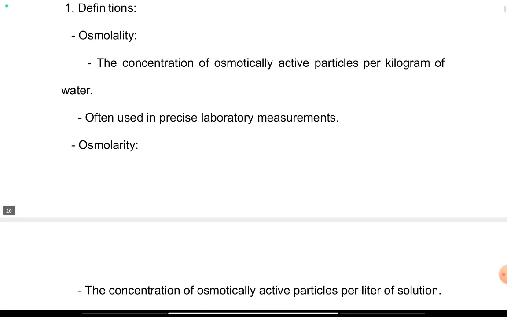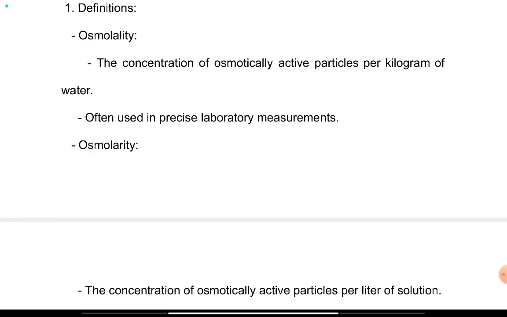Now, let's look into the principle of osmolality and osmolarity. The basic thing is that sometimes in laboratory measurement, they are used interchangeably, synonymously, and sometimes they are used differently depending on the scenario. But the difference lies majorly in the SI unit.